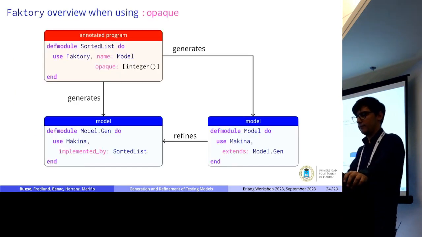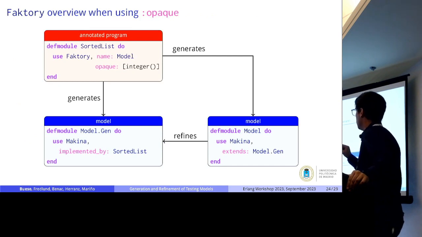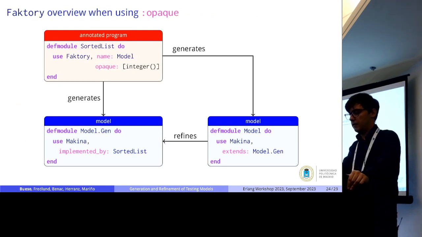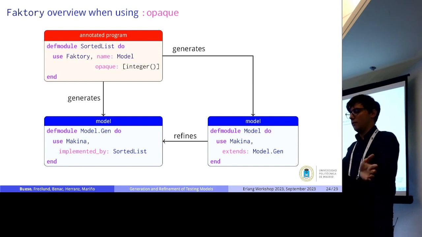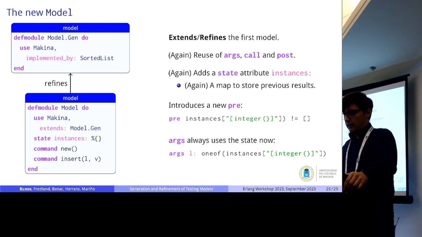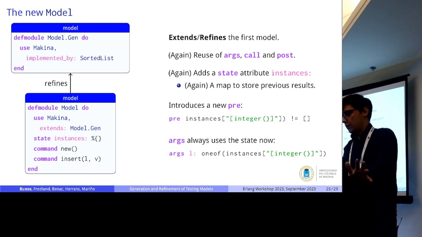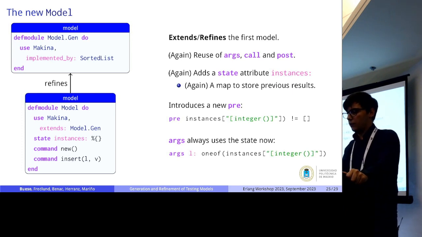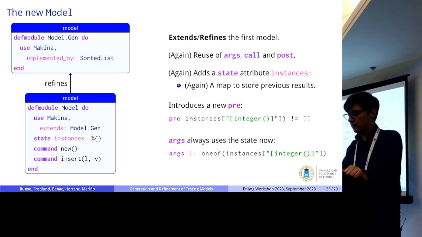So again, this is what Faktory does. It generates these two models. It looks like the previous figure. Well, this new model works exactly like the previous one. We reuse all the implementation of the previous one, and we introduce this state which contains the previous instances.